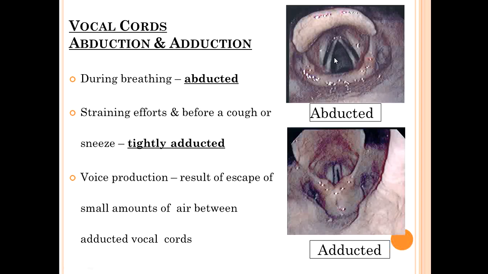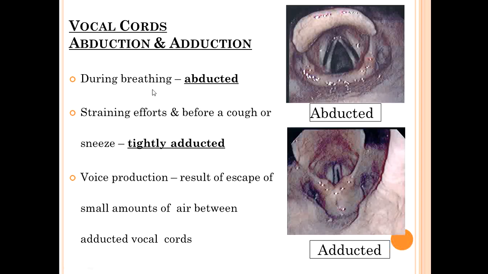Then what are vocal cord abduction and adduction? You are able to see the vocal cord here and here. When they are going away from each other, that is abduction. When they are coming closer to each other, that is adduction. So here you can see the vocal cords abducted and here the vocal cords adducted.